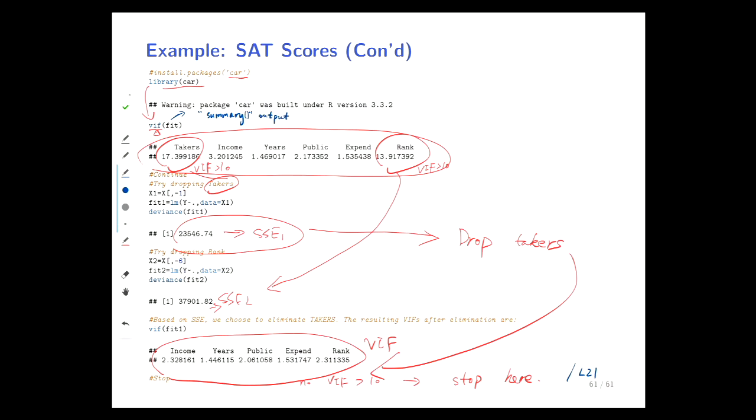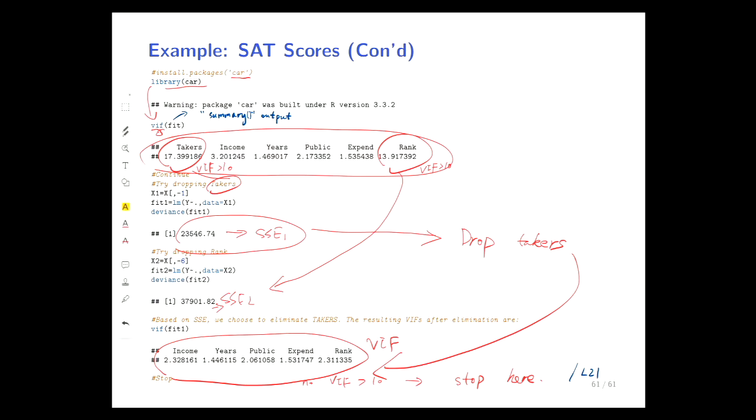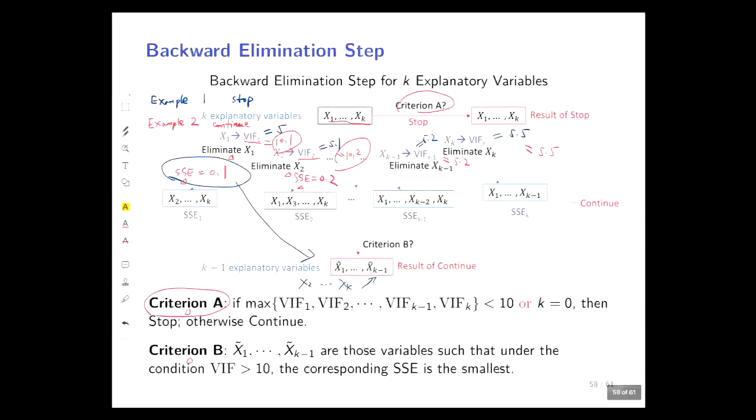So you need to put the summary function output inside the VIF function in order to get the VIFs for all the variables.